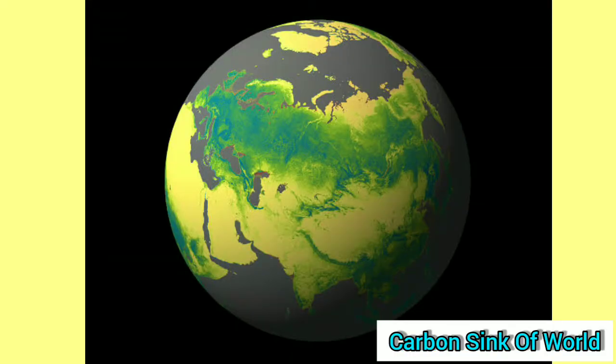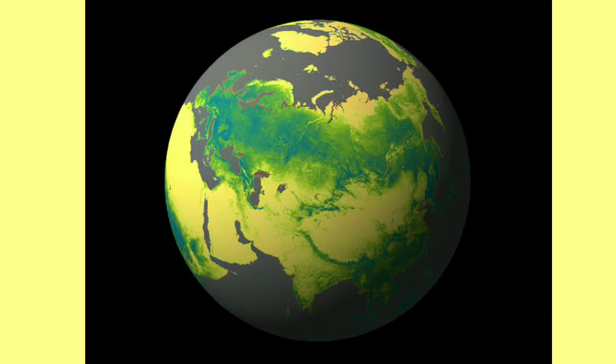If you have ever seen on Discovery or Nat Geo, National Geographic, wherever, about the selvas or the deep dense tropical forest of South America, there we will see that these forests are actually called the carbon sink of the world. Why are they called the carbon sink of the world? Because of the heavier concentration of greenery.